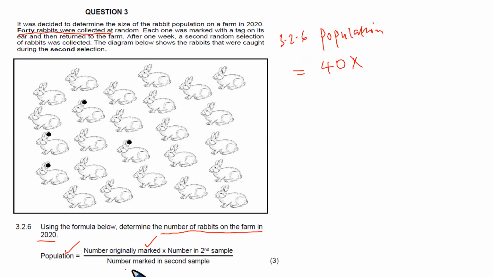How many were marked in the second sample? 1, 2, 3, 4. Only 4 rabbits were marked in the second sample. So you need to just perform the division here. Now, how many were in the second sample?